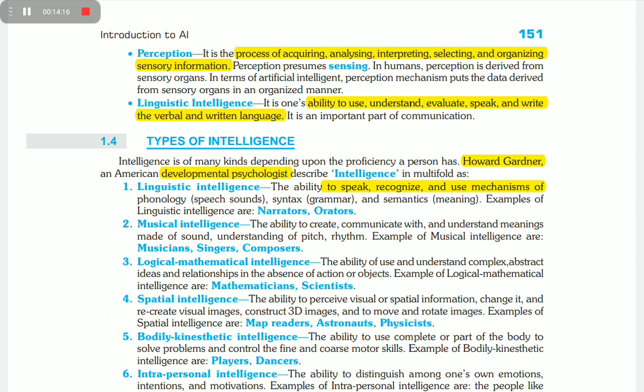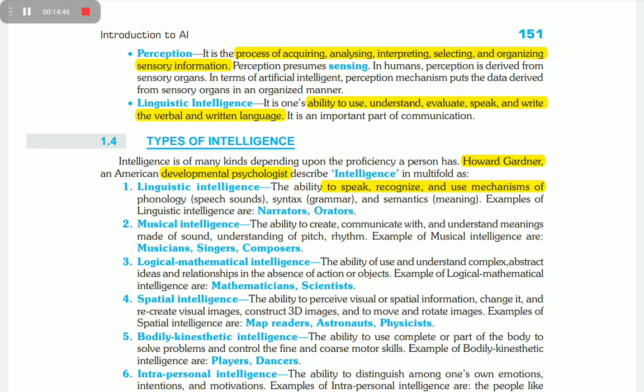Perception mechanism, sensory mechanism puts the data, like you can say that perception is another word for sensing. Sensing mechanism puts the data derived from sensory organs in an organized manner. So, you will feel that artificial intelligence doesn't have any sensory organs, so how can it put data in an organized manner? But I think you are forgetting something, like our phone.